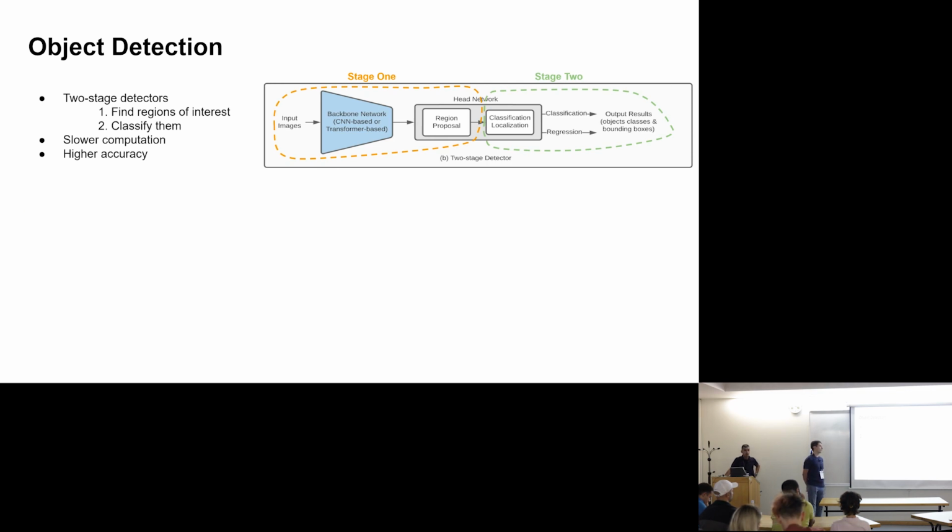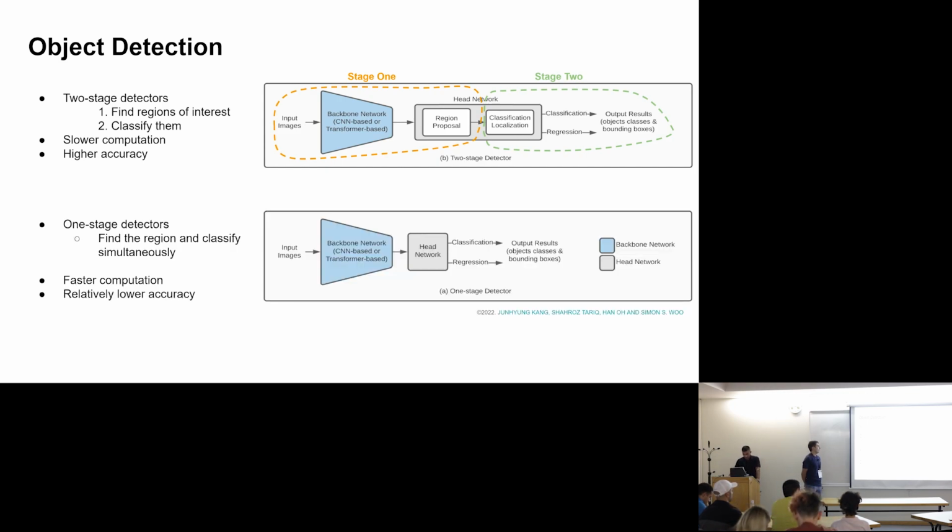And for the second stage, for each region of interest, a neural network is applied, and it is decided whether the object is the object of interest or not. And in one-stage detectors, all that process is done with a single run through the neural network, so you input the image to the network and get as output the refined bounding boxes and their classes.